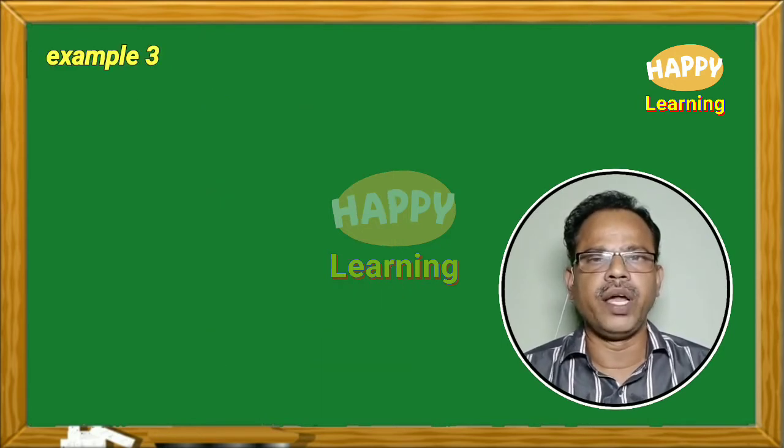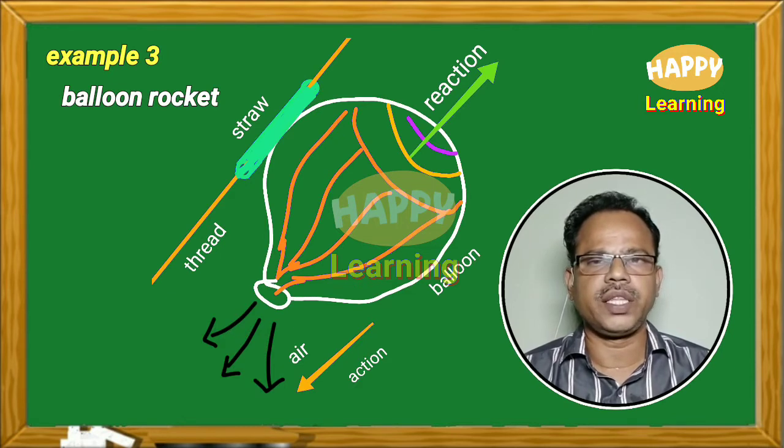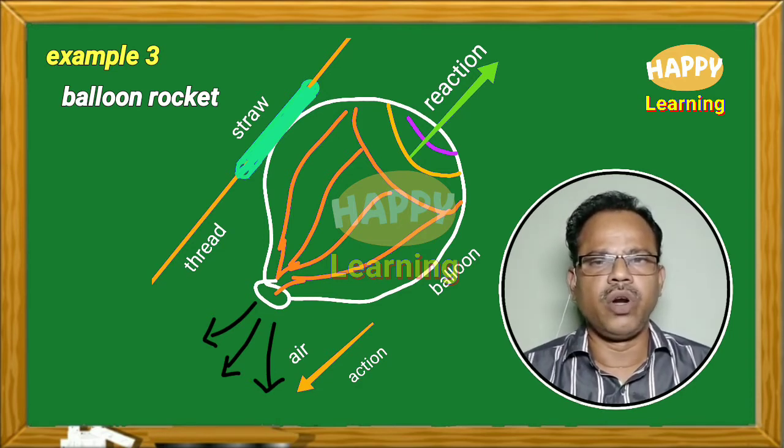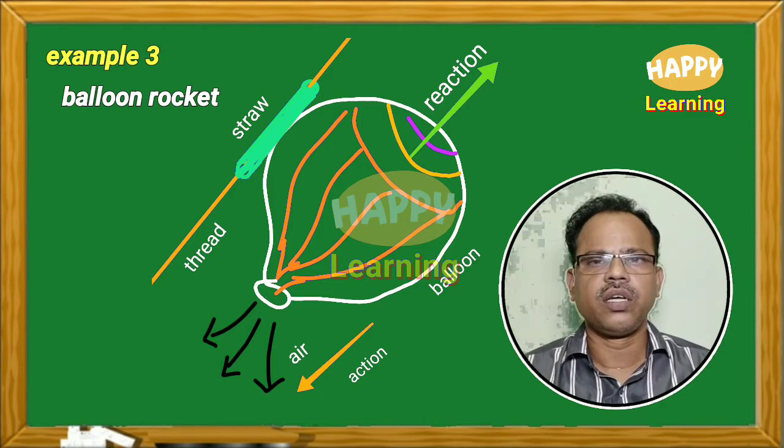Example 3. A balloon rocket. A thread is passed through a straw, and the thread is fixed at the two ends to a rigid support. Then a balloon is inflated and, holding the neck, the balloon is fixed to the straw with the help of a tape.